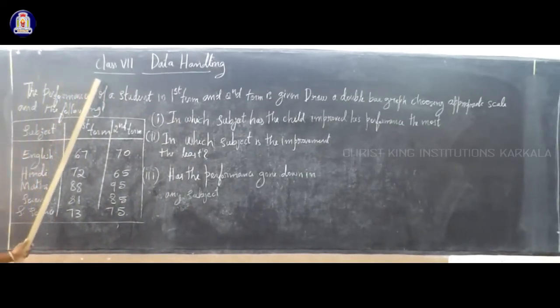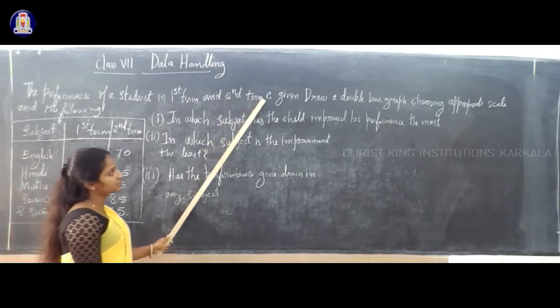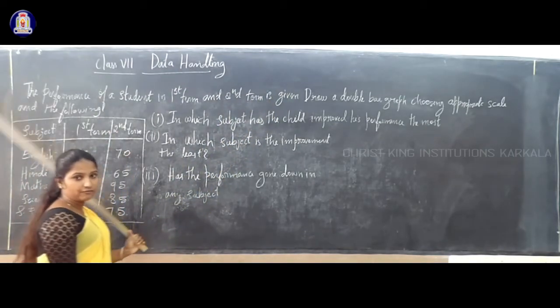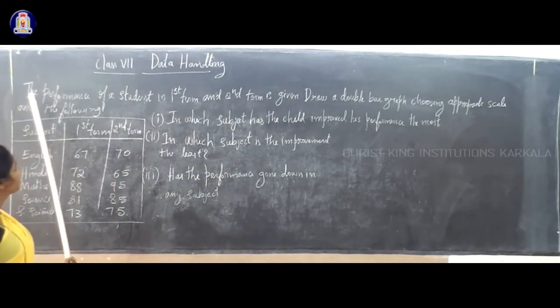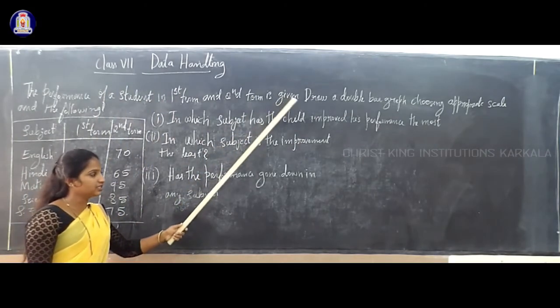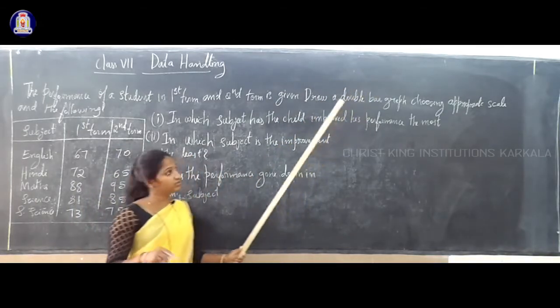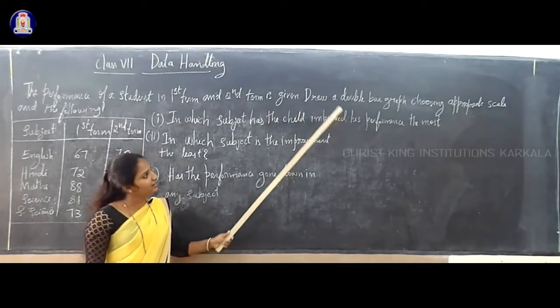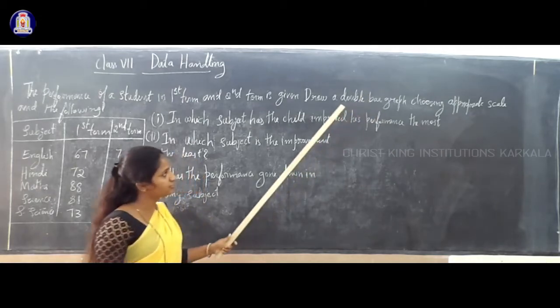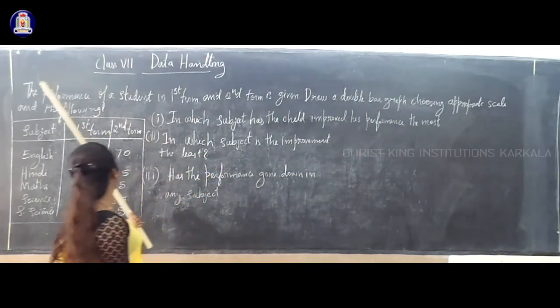The next question here. The performance of a student in the first term and the second term is given like this. What we have to do? Draw a double bar graph. In the previous question we drew a bar graph, but in this question you have to draw a double bar graph choosing an appropriate scale.